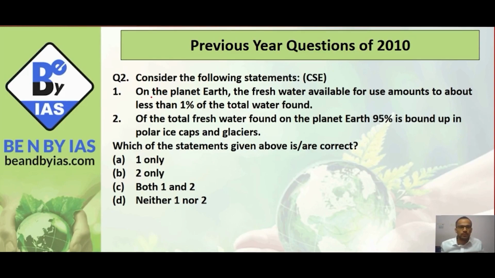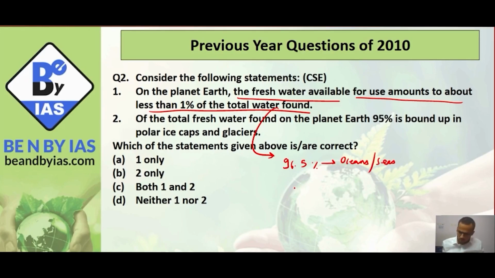So this first statement talks about the fresh water available for use amounting to less than 1% of the total water found. Fine. So out of total water found, 96.5% is in the form of oceans and seas.